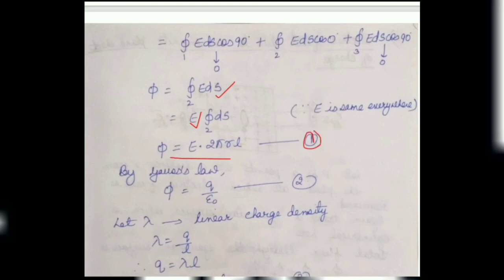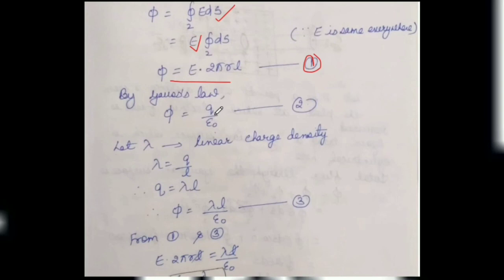Now you have to apply Gauss law. The total flux through this enclosed surface is always Q by epsilon naught, right? One more thing: in the case of linear charge distribution, we always take the linear charge density. The total charge is Q, but what is the charge per unit length?